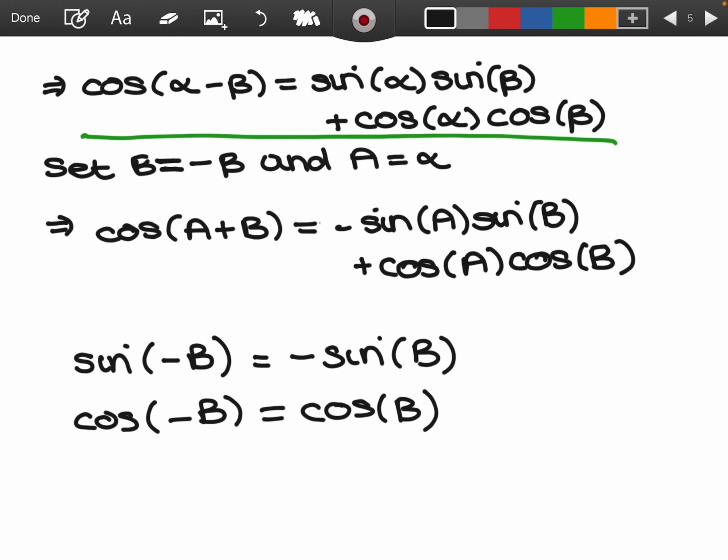So cosine of the negative of an angle equals cosine of the original angle, because it does not change the sign of that x-coordinate. So when you put that all together, you end up with cosine of a plus b equal to cosine a times cosine b minus sine a sine b. So that's where this comes from.